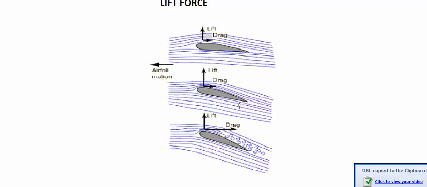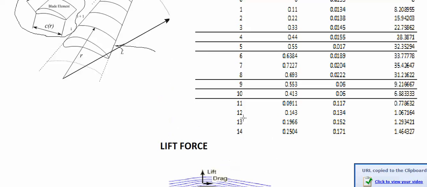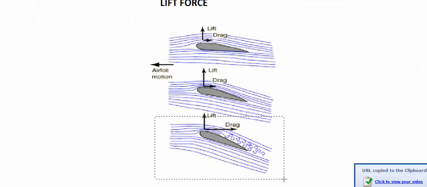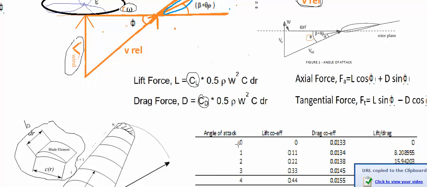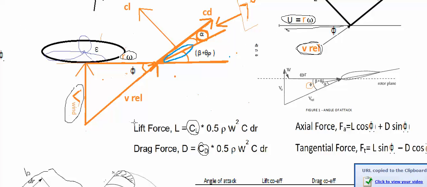So as the difference increases, naturally the lift force has to increase up to a certain point, say it reaches this 11 degrees where it will stall. That means the particles of the air won't really be in contact and the lift force will drastically reduce. We don't want that to happen anyways. So this is the concept behind lift force.